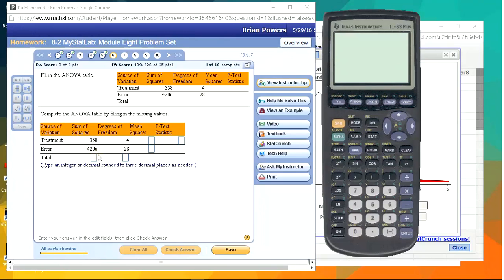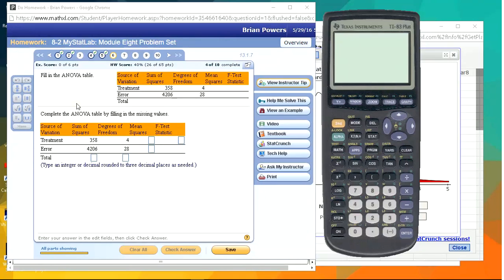What this sum of squares is, is squared deviations. So you have some observed values and expected values. You take the difference between what you observed and what you would expect, take all those deviations and square them all. That would be the sum of the squares of the deviations. That's what's going to be in the error.